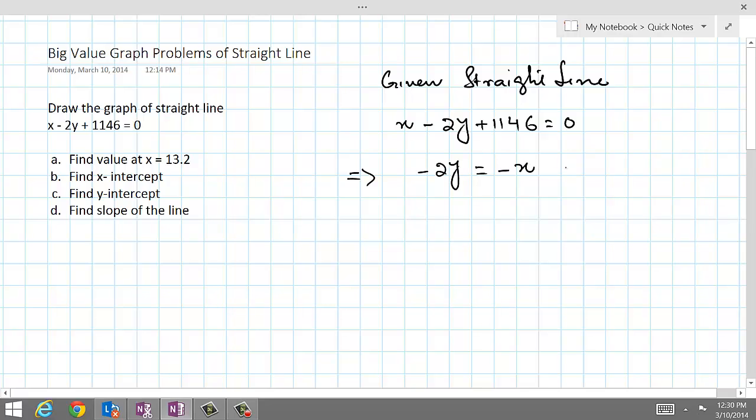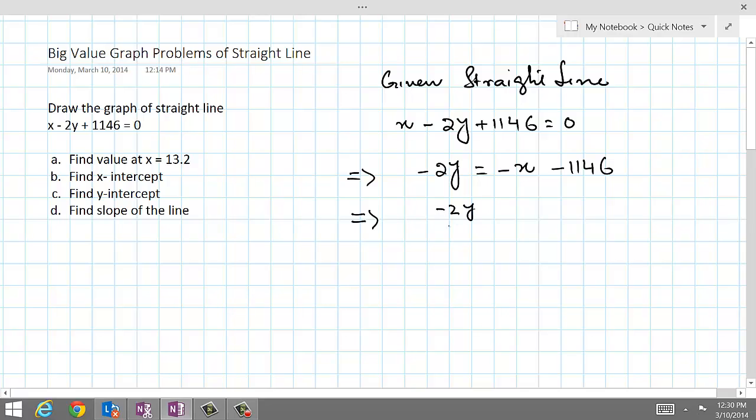So we write minus x minus 1146, and then we will divide with minus 2 in order to make the coefficient of y equal to 1.